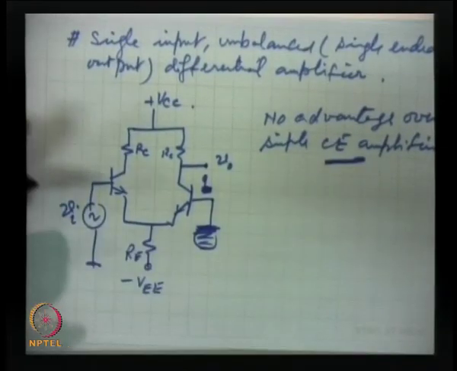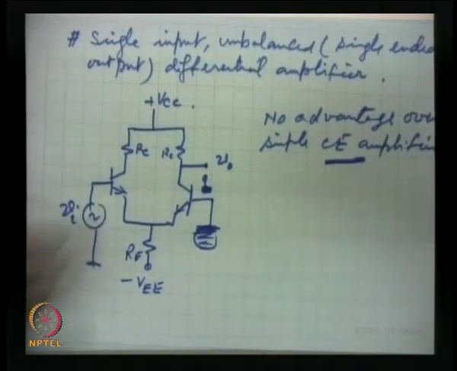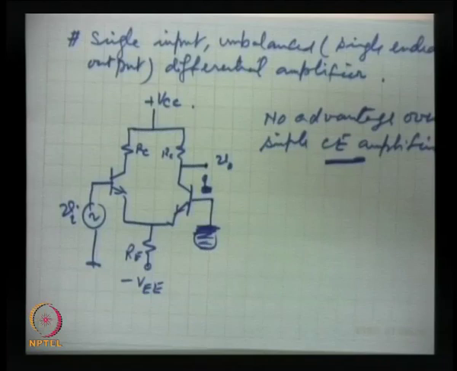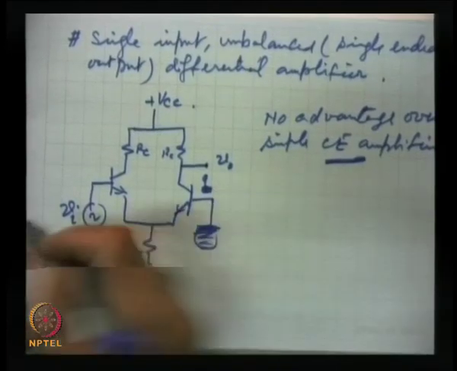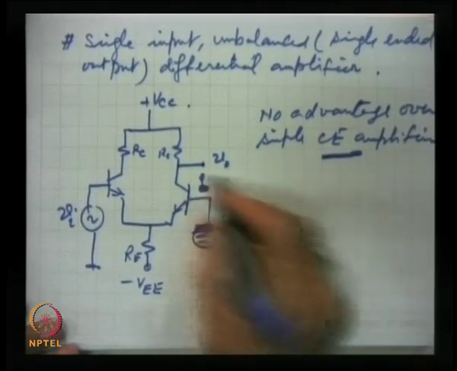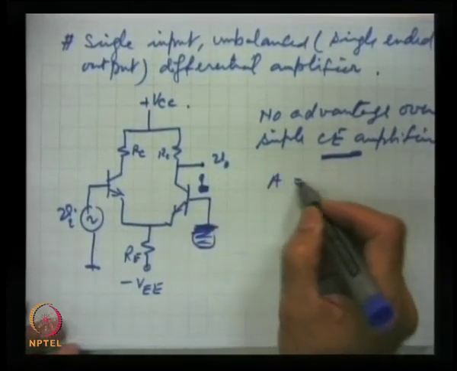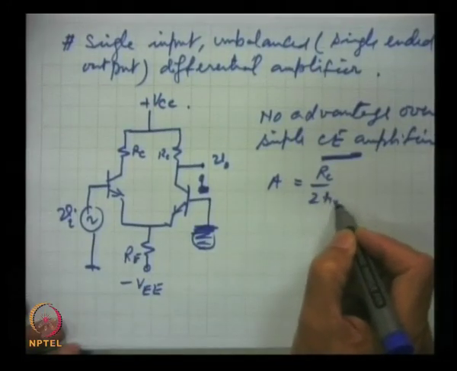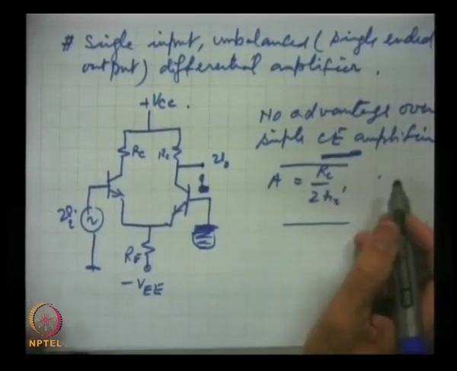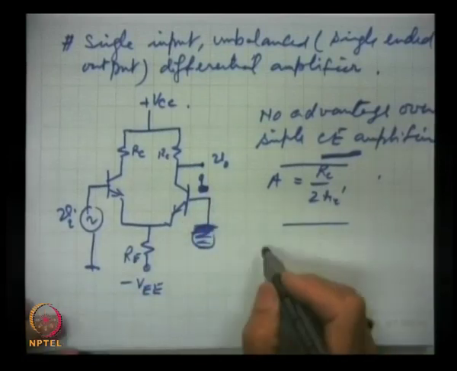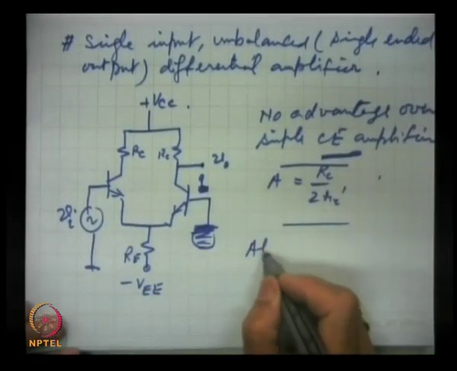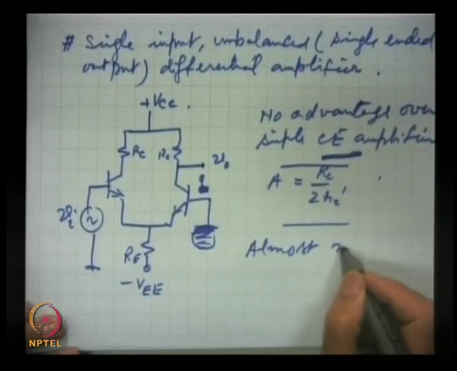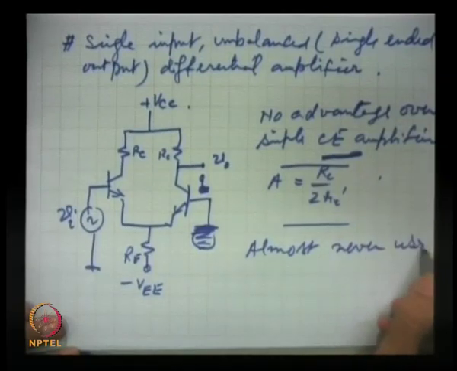So, this is almost never used, there is no advantage in using this. Here gain will be half of the previous case when we take unbalanced, so A will be RC by half RE prime. Almost never used.